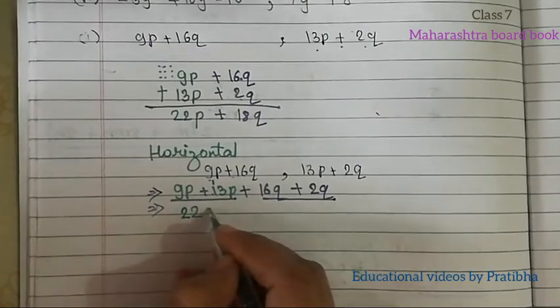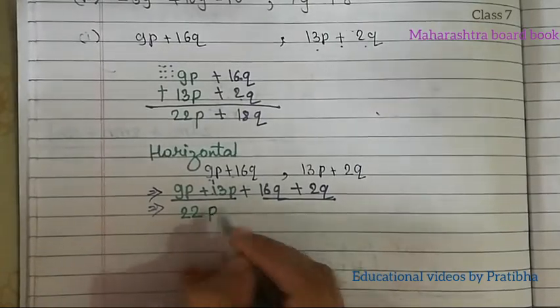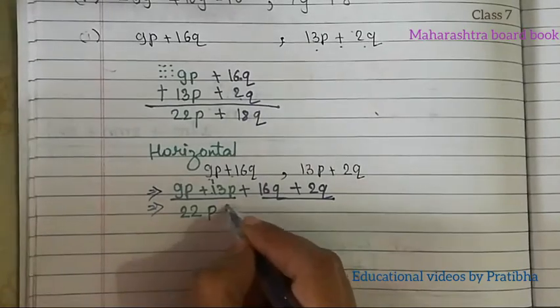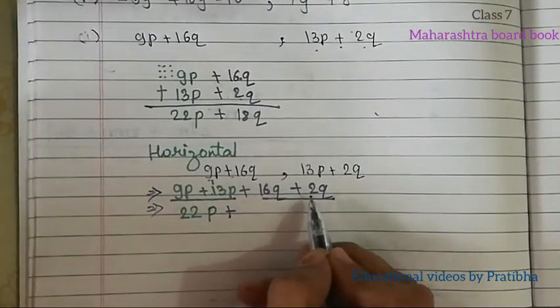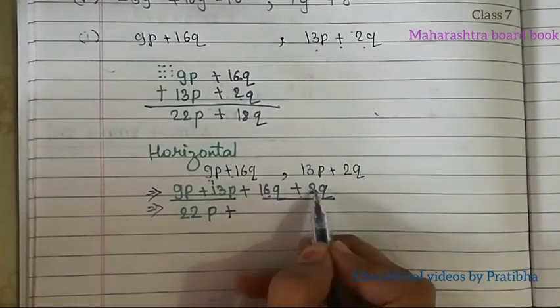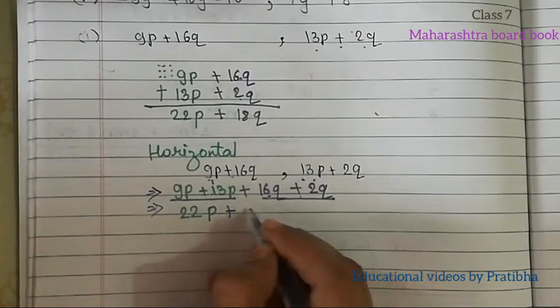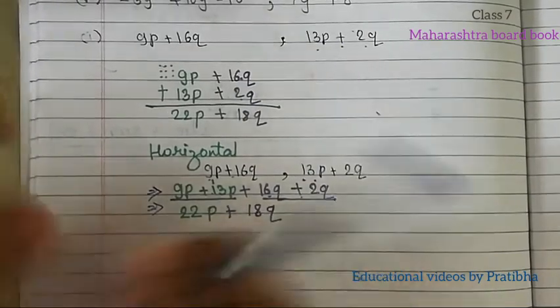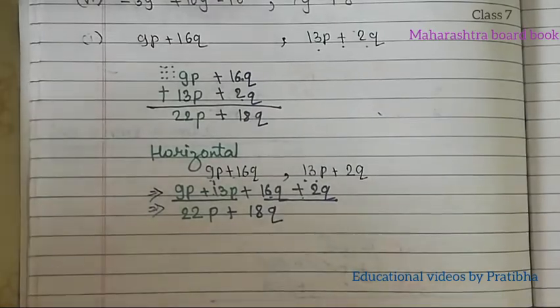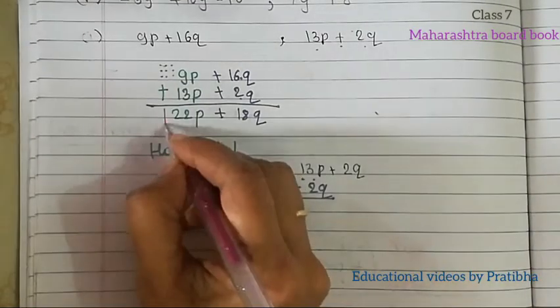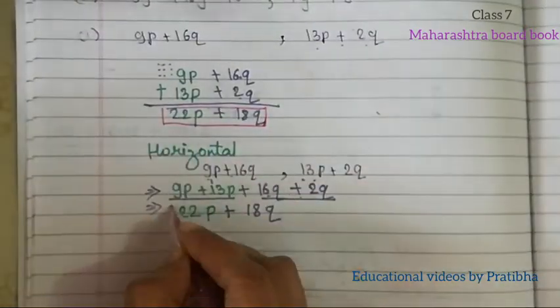So it gives us the answer 22p. Now let us add the other pair of like terms, that is 16q plus 2q: 16, 17, 18. So it gives us the answer 18q. As you can see, at both the places we have got the same answer.